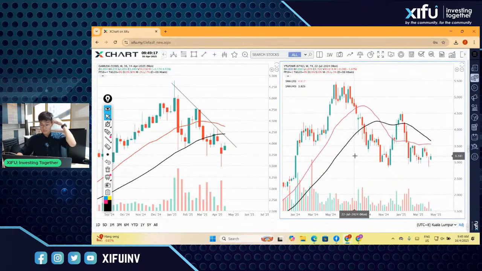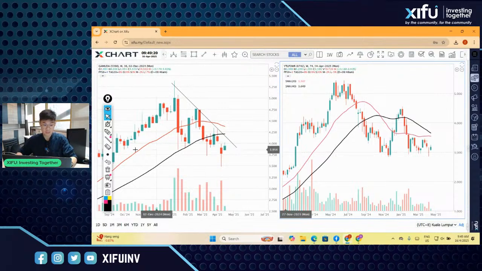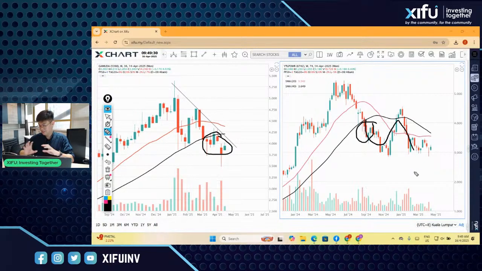Now this is something: on both weekly charts I'm using 20 and 40 moving average. You notice here crossing down, here crossing down. Sometimes they will go back and retest, but it is weakening really. So for me, Gamuda somehow feels like it's weakening. I'm not sure long term, short term for Gamuda.